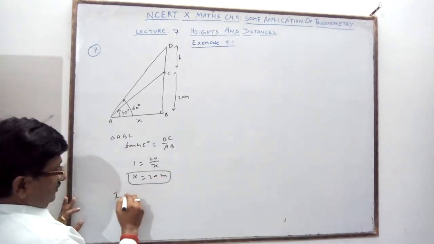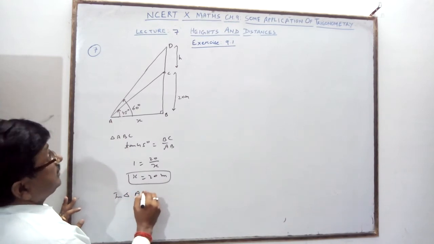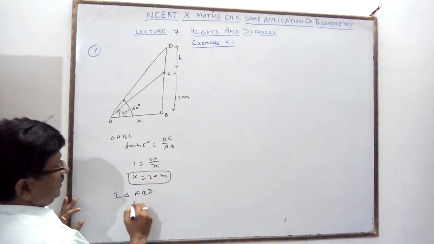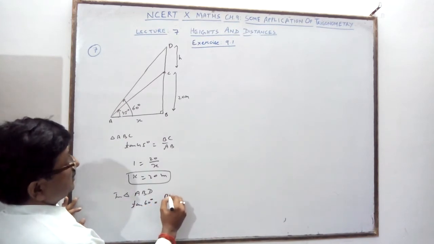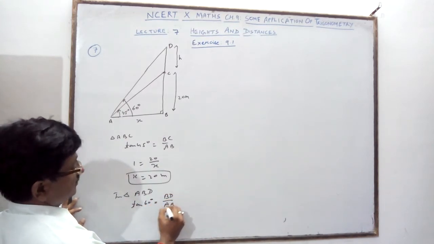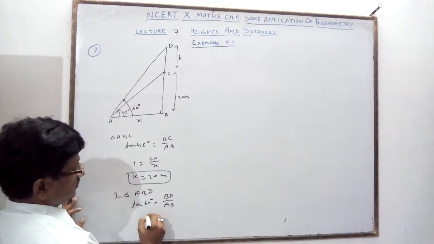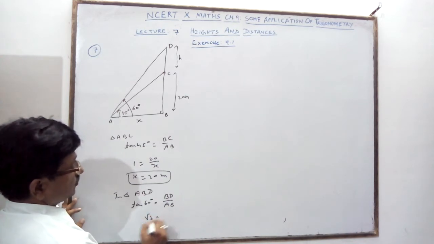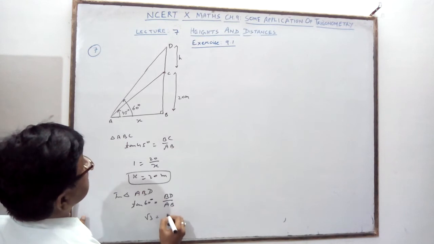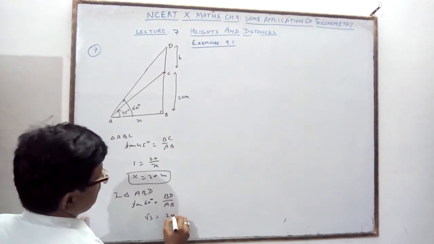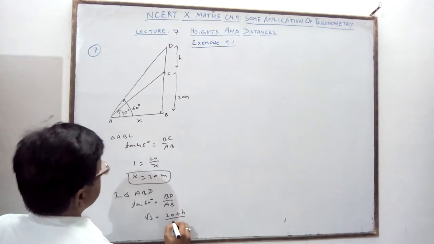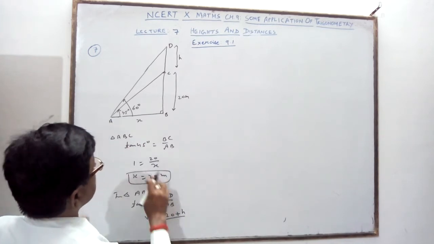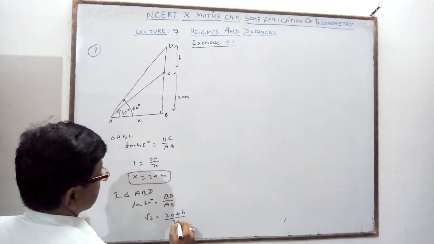In triangle ABD, tan 60 degree is equal to BD upon AB. Tan 60 is root 3. So root 3 is equal to BD upon AB. BD is 20 plus H. AB is X, which you have calculated here, 20.